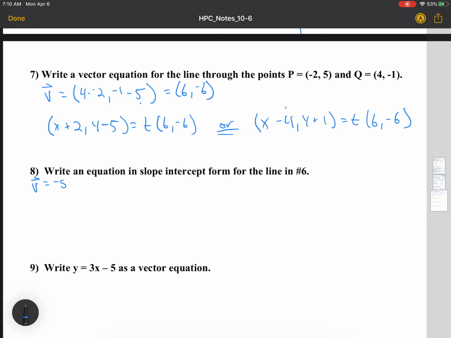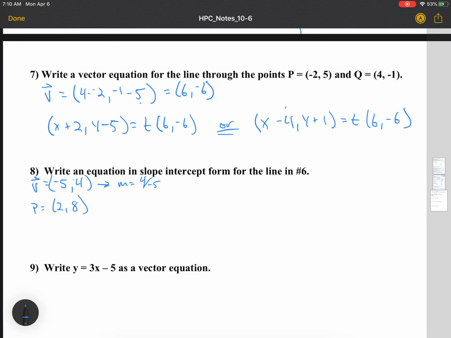So we have v equals -5, 4 and p equals 2, 8. Now we're going to put this in slope-intercept form. Remember what we learned about the vector and how to find the slope? Just do our little rise over run. We have 4 over -5, so we can just plug that in.